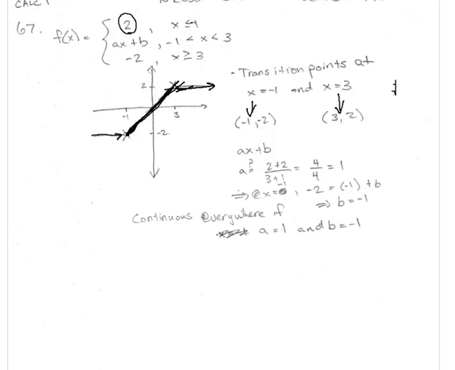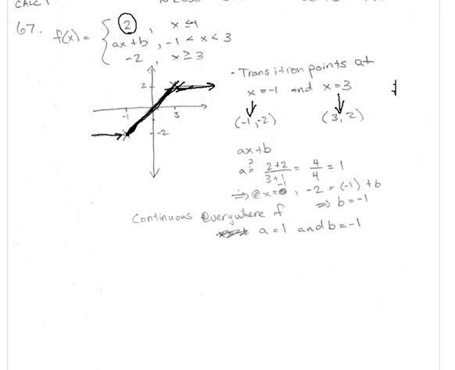And for the b value, we would just input one of these 2 points. So -2 equals -1 times 1 plus b, so our b would be equal to -1.